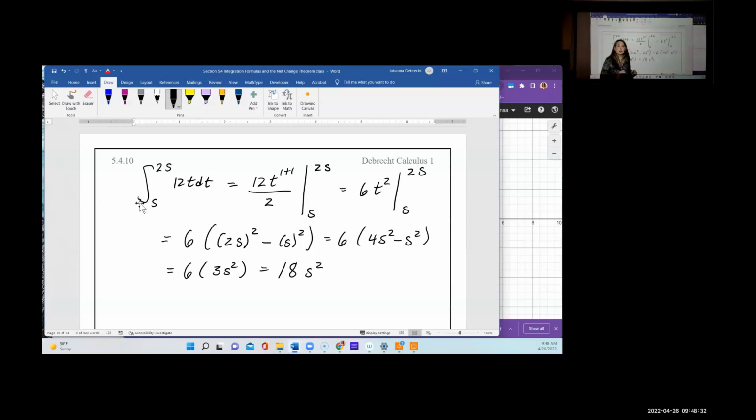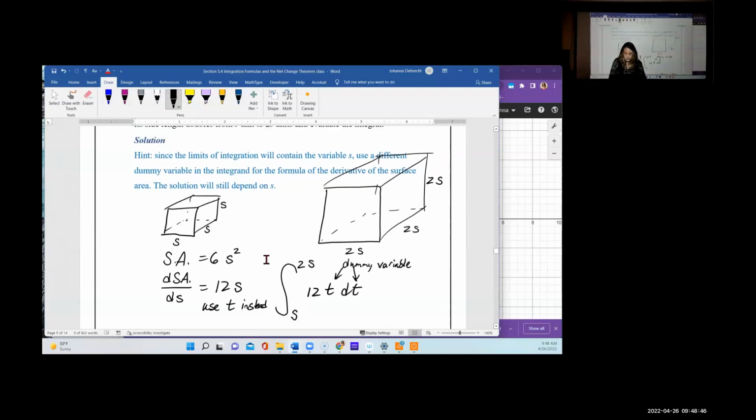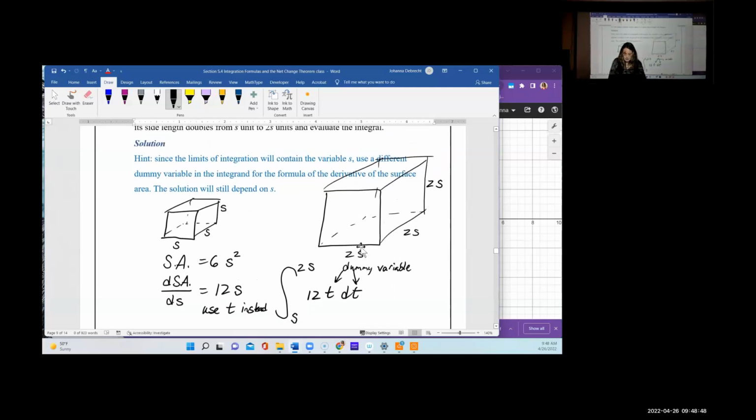That means that the change in the surface area is 18S squared units. And if you're wondering if that's actually accurate, we can look back at our original 2 pictures here and realize that on this larger cube, each individual side, there are 6 of them, and each individual side has area of 4S squared.